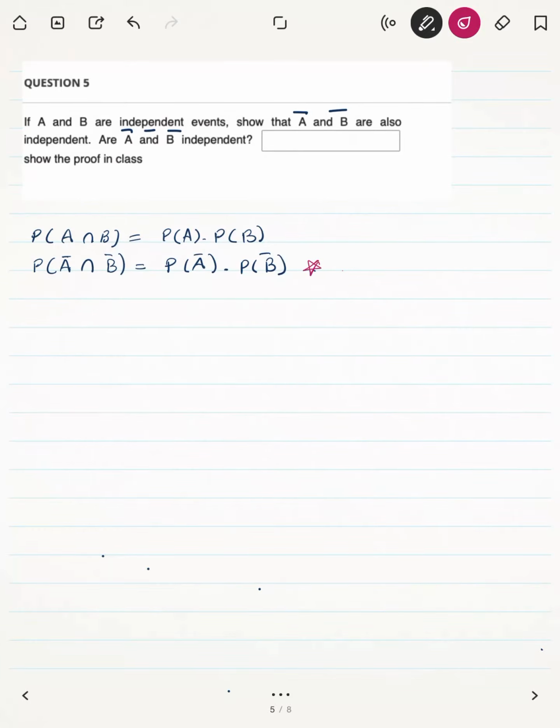Okay, so now I'm going to start with the left hand side. This is how we prove anything.